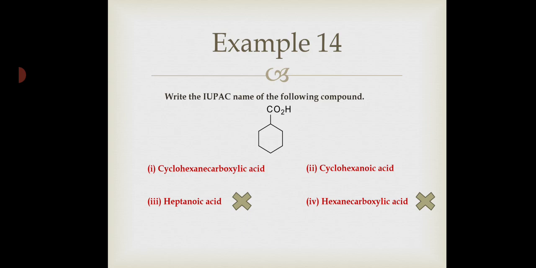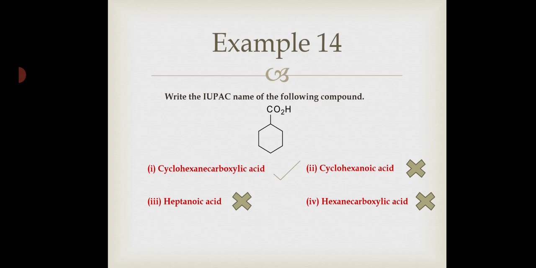The second option, cyclohexanoic acid, indicates that there are 6 carbons, but the compound has 7 carbons. So option 2 is also wrong. So the correct option is 1.